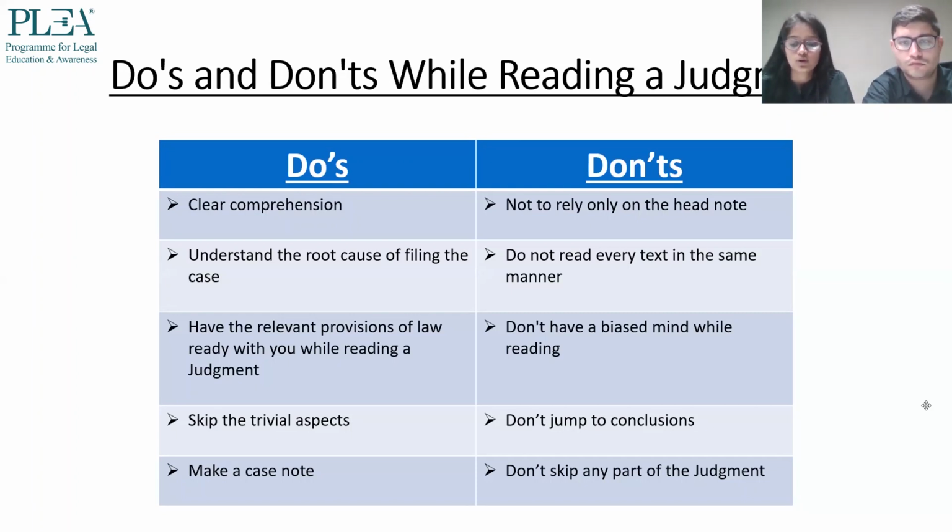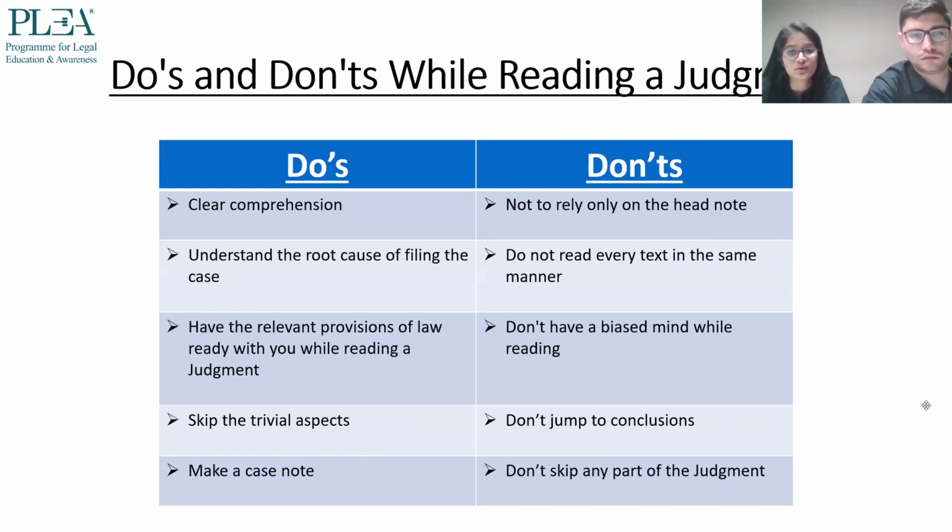So you have to learn to skip through those smaller aspects and go to the main part: the reasoning, the application of law, the interpretation of law. And obviously, the main thing that you're looking for is the ratio decidendi. What was finally held by the court is one thing you're looking at. Only if that is in your favor will you go through the entire judgment.